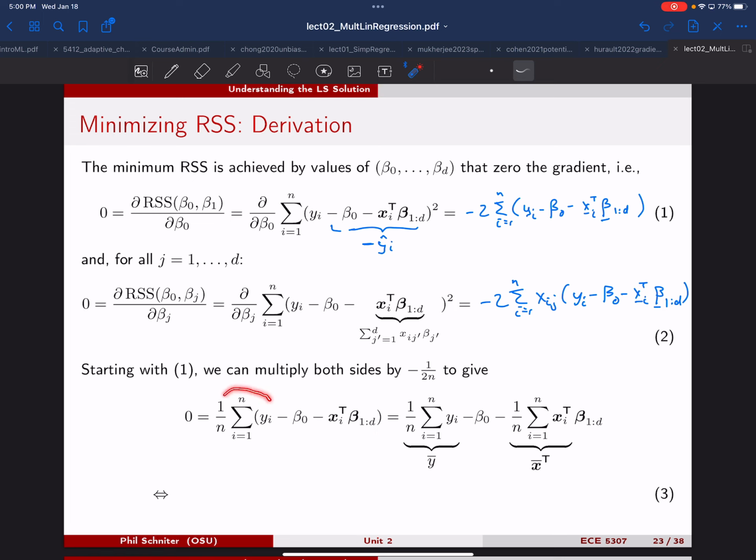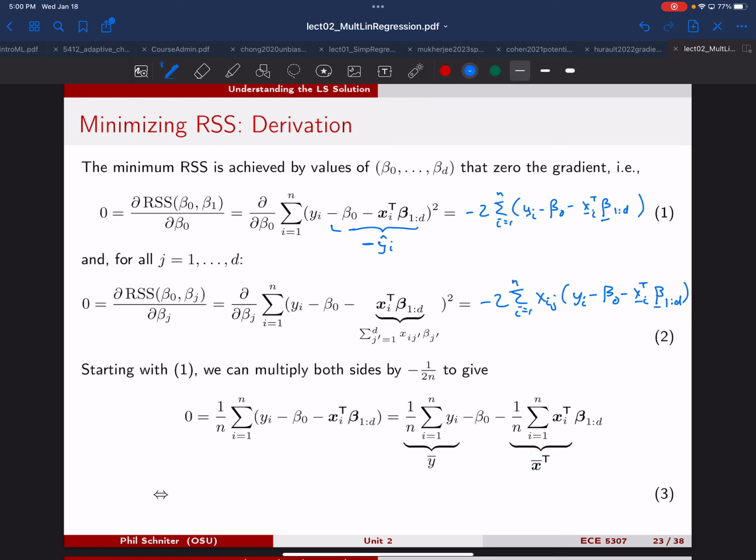We can see that this average of yi, we can call that y bar. Then we have an average of minus beta 0, that's just minus beta 0. And finally, we have an average of this. The averaging is over the I index, which will turn this xi into an x bar. And so we have a pretty simple expression: 0 equals y bar minus beta 0 minus x bar transpose beta 1 through d.